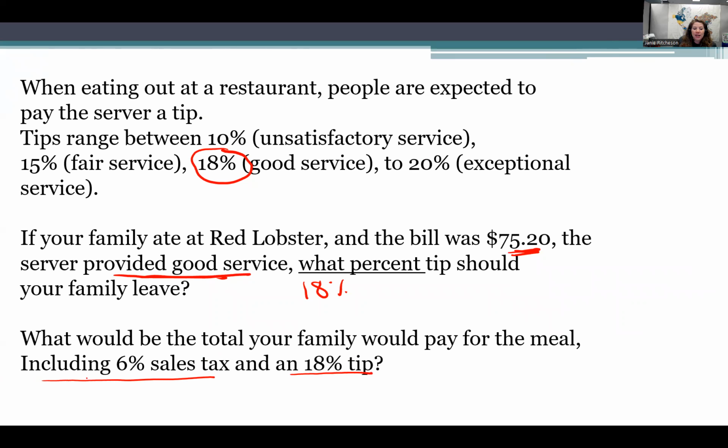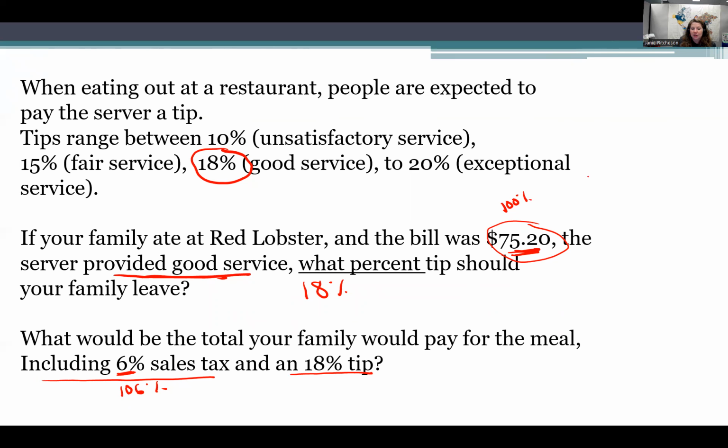Well, they actually add sales tax before you pay your tip. So when you tip, you're actually paying on sales tax also. So the first thing I want to do is find out what is 106% of $75.20, because remember, I'm paying 100% of my meal plus 6% sales tax, which is 106%.